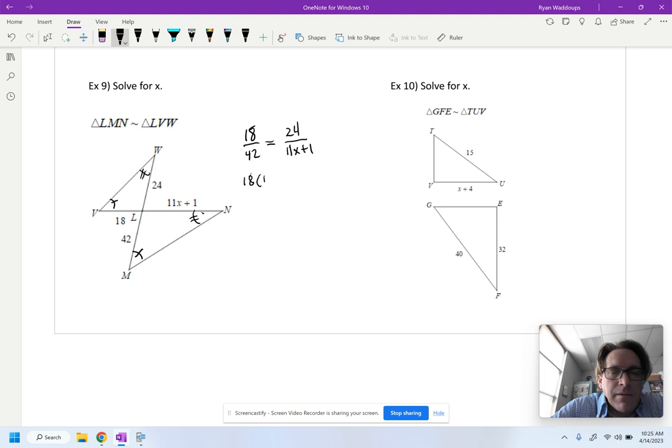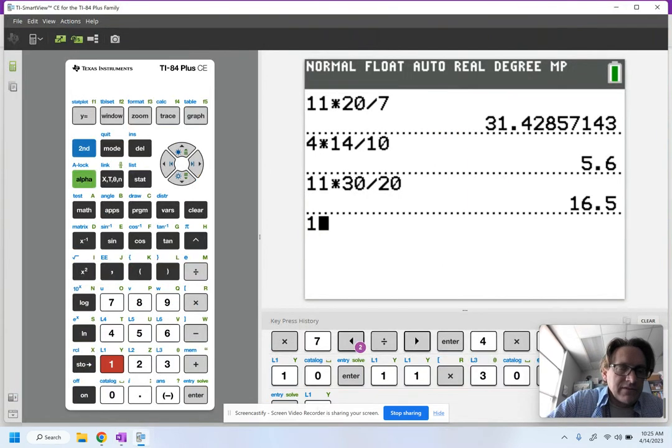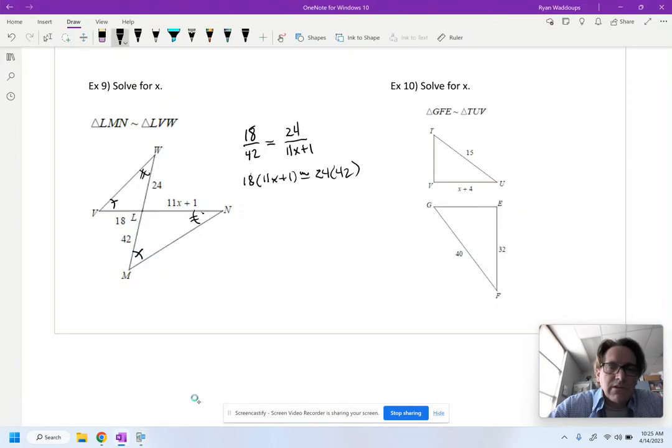Cross products gives us that 18 times 11x plus 1 is equal to 24 times 42. And I'm going to use my calculator here because I don't remember right off the top of my head what 11 times 18 is. 11 times 18 is 198.